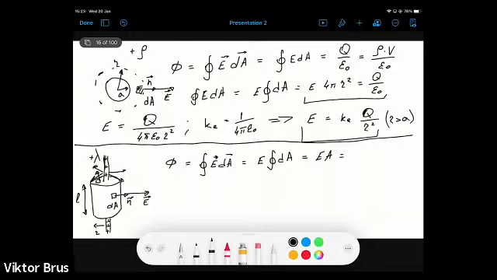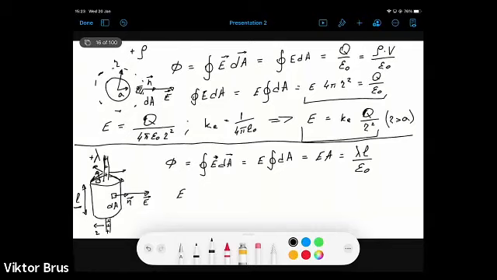We need to consider lambda as a linear distribution of electrical charge, and also the height of this cylinder. So the total charge will be the linear density times the height of the cylinder. It's the length of the charge line which is enclosed by this cylinder, divided by epsilon 0.